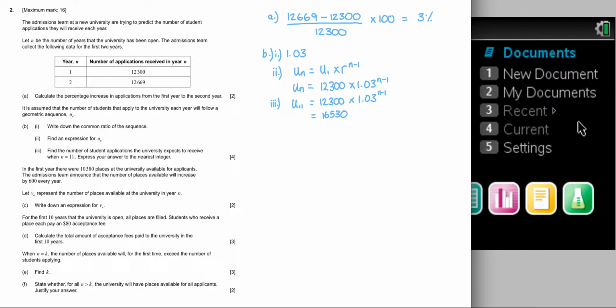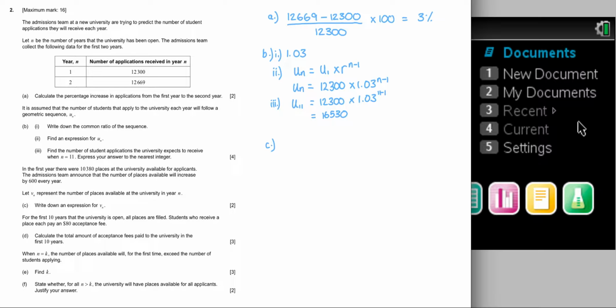And then it says that in the first year, there were 10,380 places at the university that are actually available for those applicants. And they're going to increase by 600 a year. So this time we're adding 600 every year, which represents a sequence, and we need to again find the rule for that sequence. Now, if we are adding 600 each year, this is going to be an arithmetic sequence.